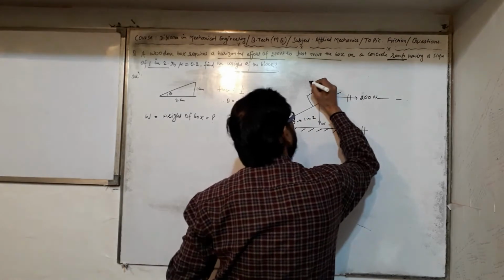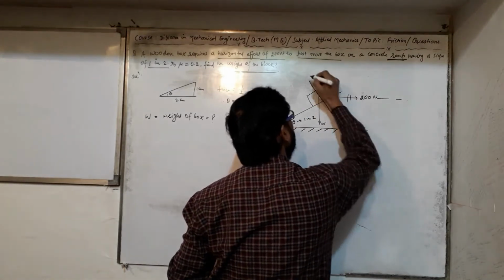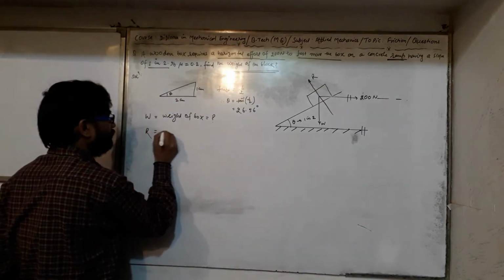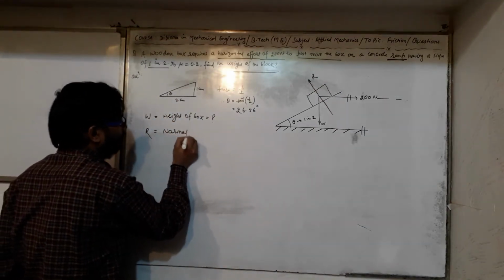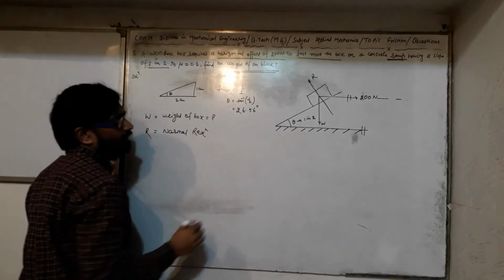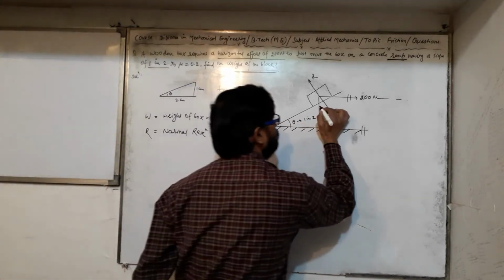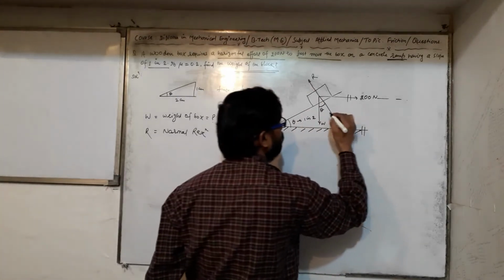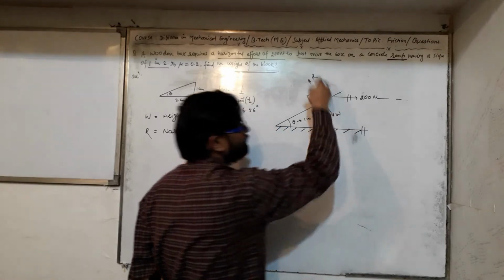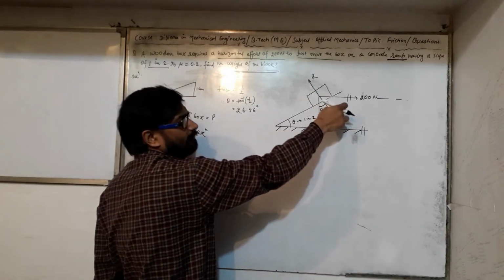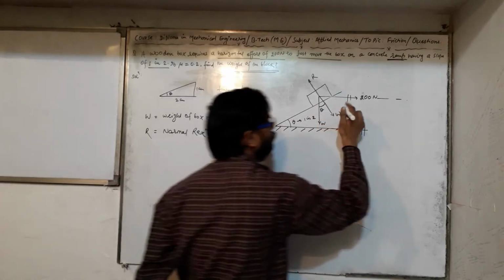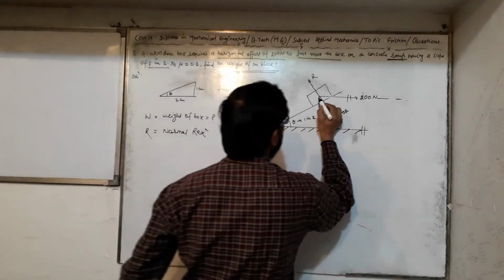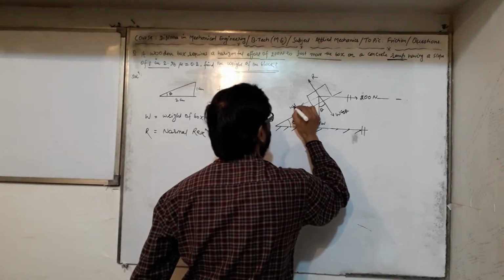So we can say R is the normal reaction. This theta angle is also equal to this theta angle. W is acting in the downward direction. It has 2 components: one along the direction opposite to the normal reaction, W cos theta, which I have already explained, and one component in this way, W sin theta.